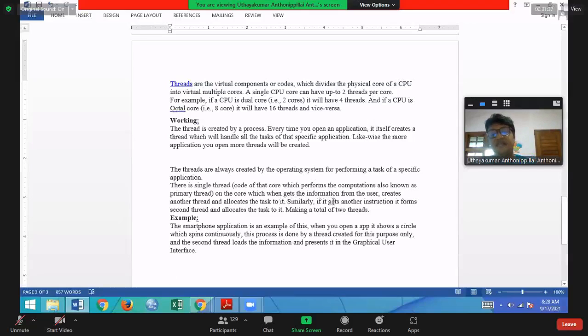Similarly, if it gets another instruction, it forms a second thread and allocates the task to it, making a total of 2 threads. When we are using a single core processor, how many tasks can we assign? Maximum 2 tasks, right? Dual core processor, maximum 4 tasks, 4 threads.